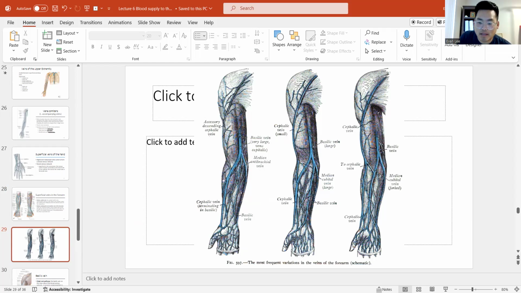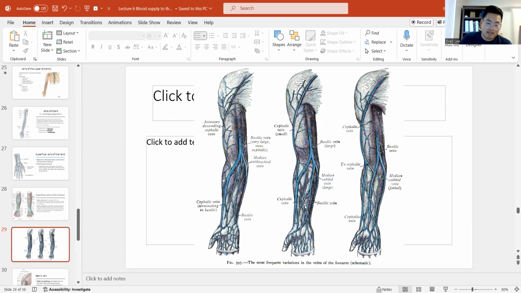If you look closely, the one that we just saw, sometimes the median cubital vein is in a V shape, which has the median antebrachial vein running down from it. But sometimes the median cubital vein is just going across, like in a diagonal line from cephalic to basilic. And then that median antebrachial vein actually comes off of the basilic vein.